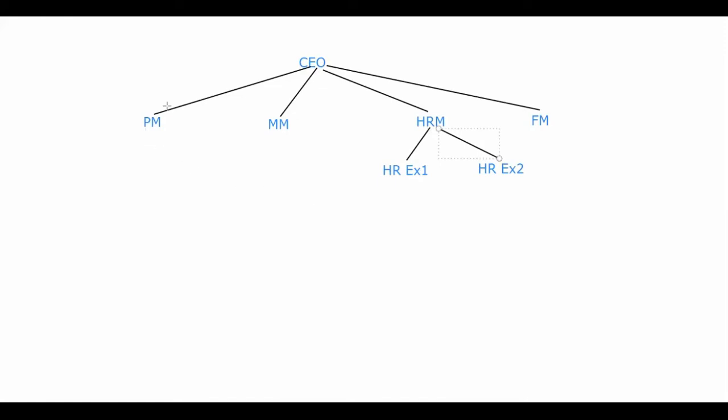Under the production manager, there are 4 supervisors: supervisor 1, supervisor 2, supervisor 3, and supervisor 4.